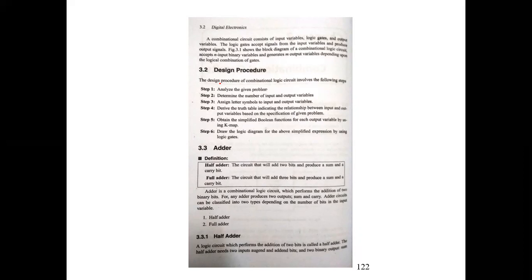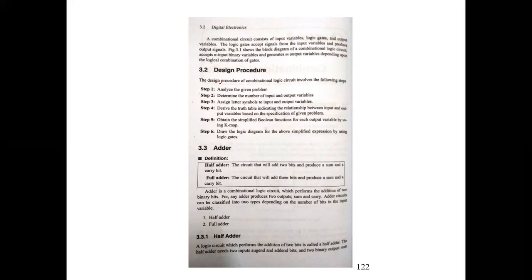Next step will be to obtain the simplified Boolean function for each output variable by using K-map. The final one will be to draw the logic diagram for the simplified expression by using logic gates.